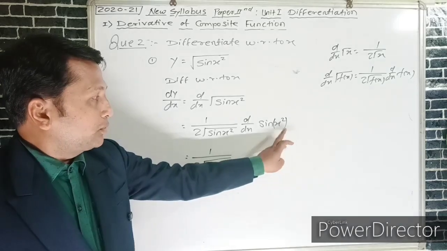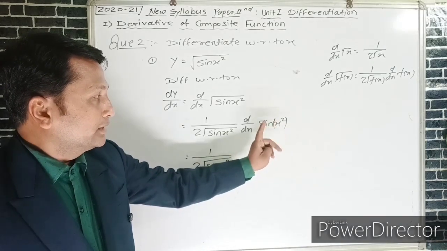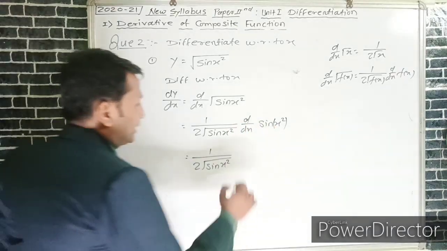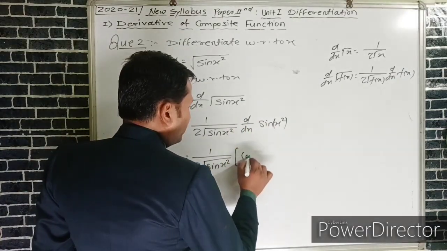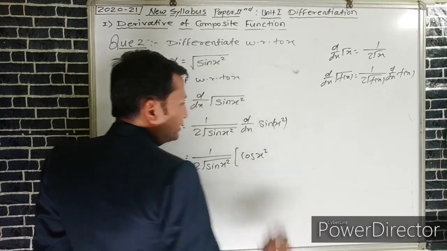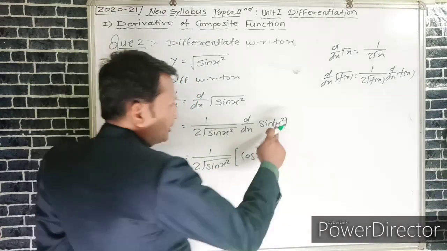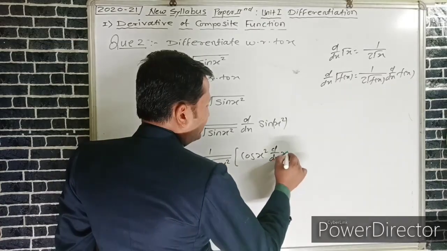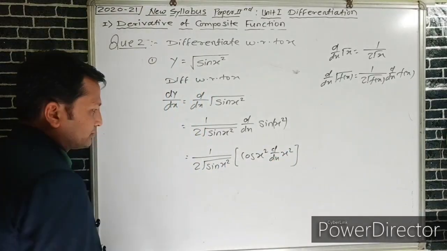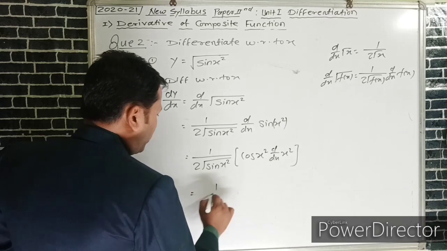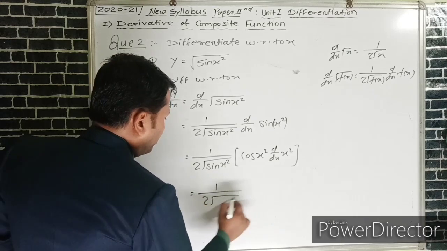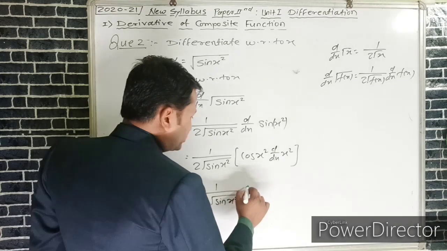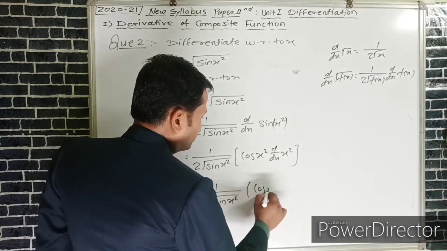Since x square is a composite form, we take the derivative of sin x, and the derivative of sin x is cos of x square. x square is in a composite form, hence we take again the derivative of x square, so it equals 1 upon 2 under root of sin of x square, cos of x square as it is.